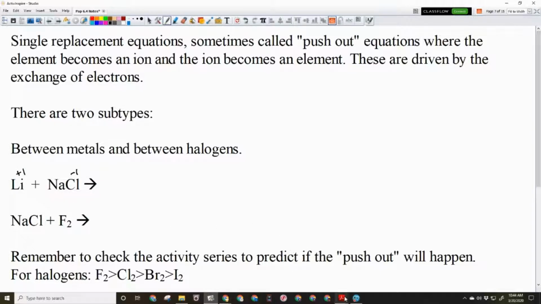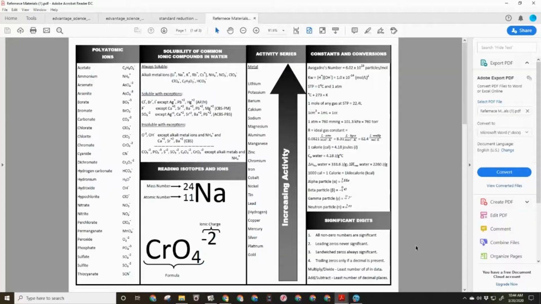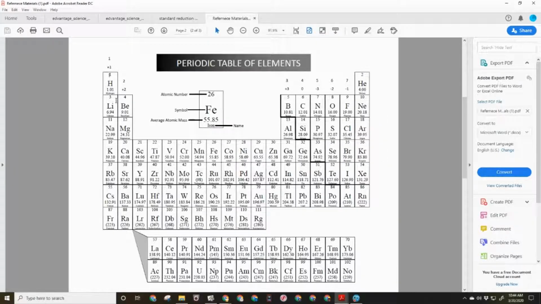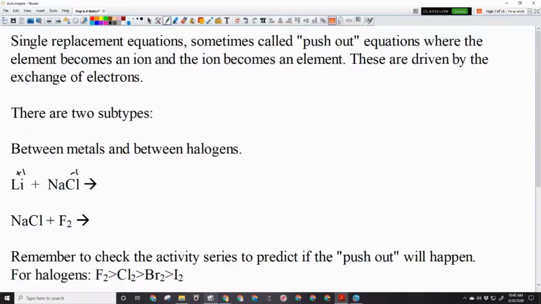So let's look back at our periodic table. So here's lithium. Lithium is positive and sodium is positive. So these two are both positive. So that's what we've been talking about in our normal single replacement equations.